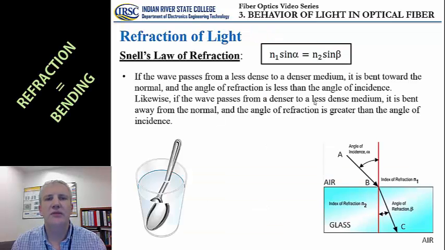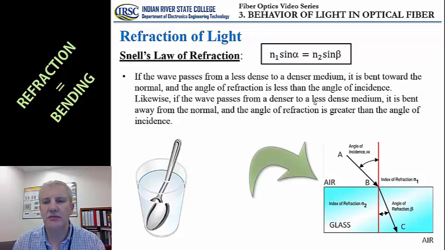Let's spend a few minutes talking about the refraction of light. Refraction of light is a natural phenomenon that is responsible for the propagation of light through an optical fiber. When light passes from one medium into another medium, it changes direction of propagation. That is shown on this slide.